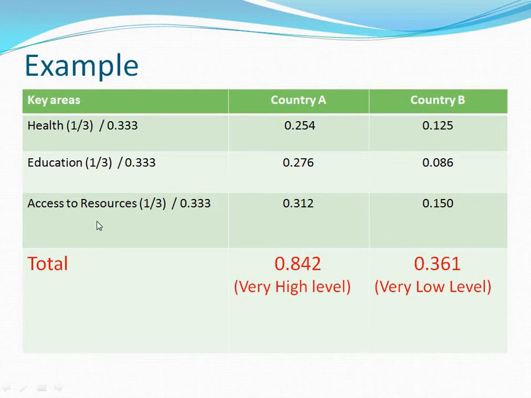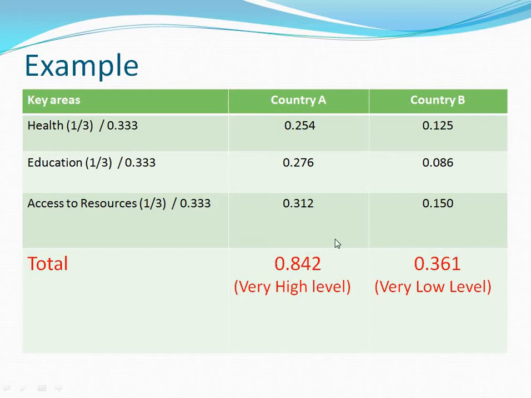In the third area, access to resources, country A got 0.312, country B got 0.150. So country A got a total of 0.842 marks in the 3 areas, and country B scored 0.361.